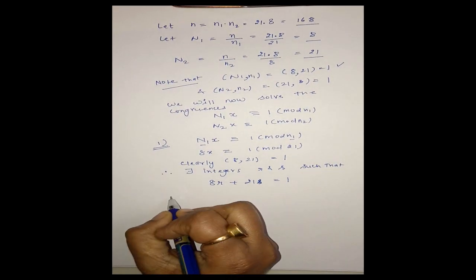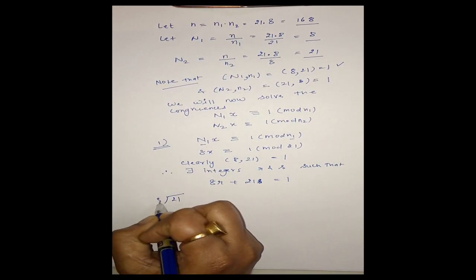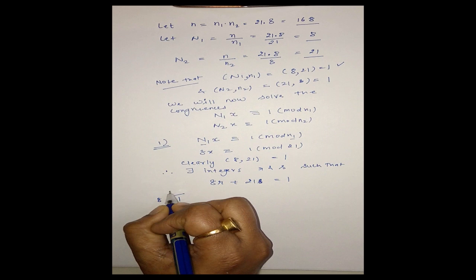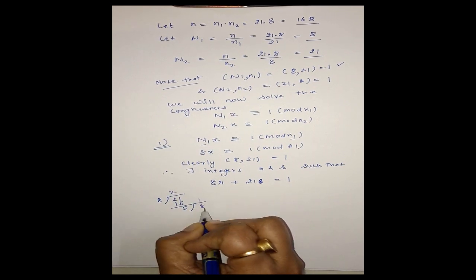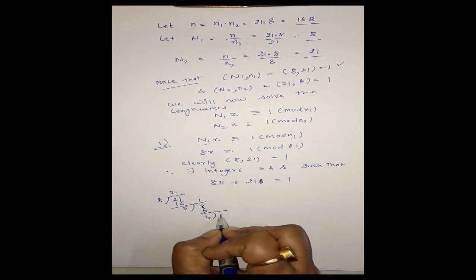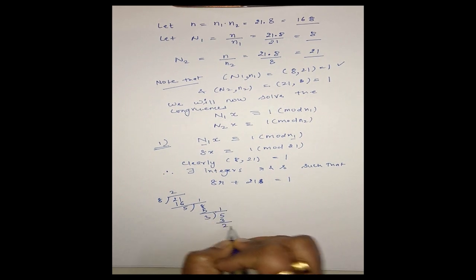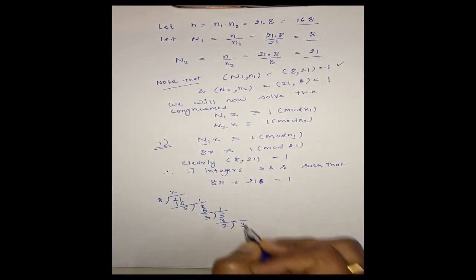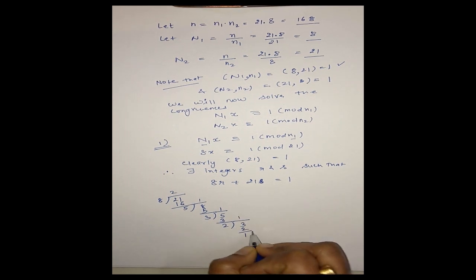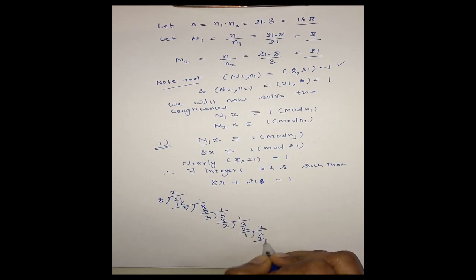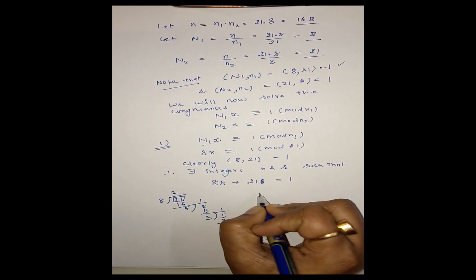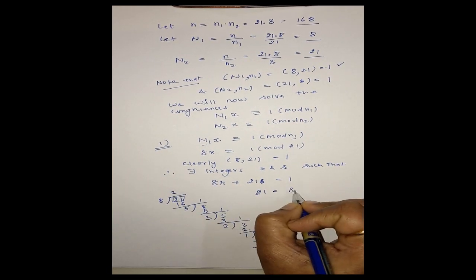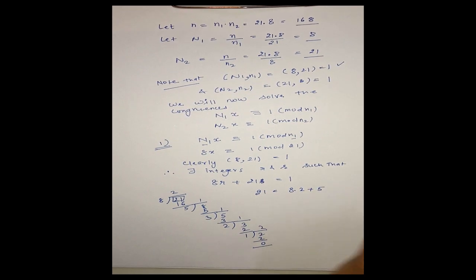Now we will divide 21 by 8. Okay, now this is 16, remainder 5; next 8, 3; then again 2, 3; this is 1, then 2, and the remainder is 0. Now 21 can be written as 8 into 2 plus 5.